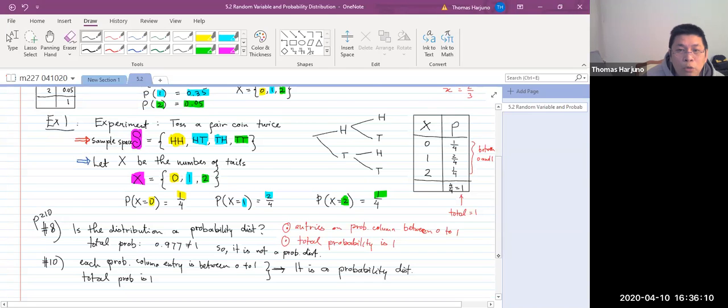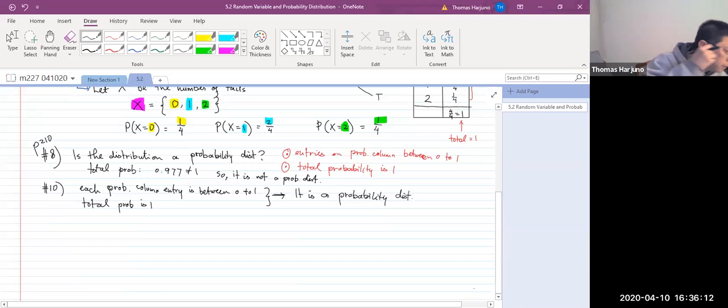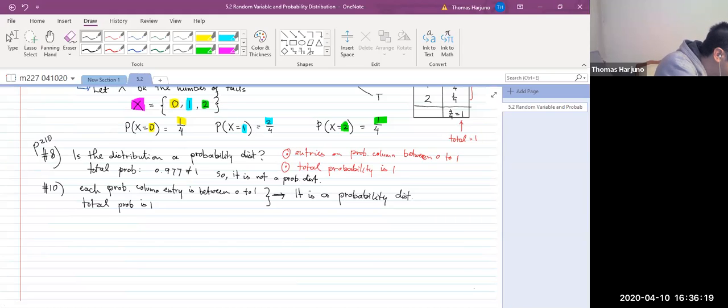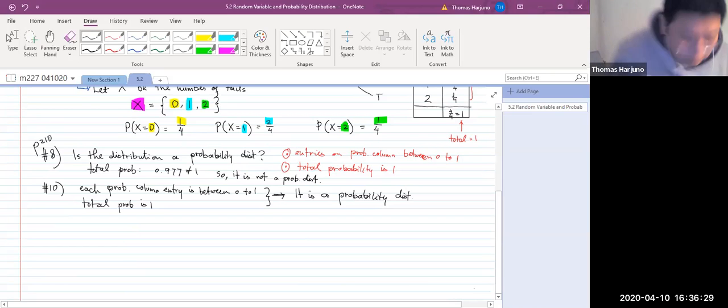Okay, let's do one more thing. This time I will jump to question number 18, on page 212. You know what? Let me do this. Give me 1 minute.